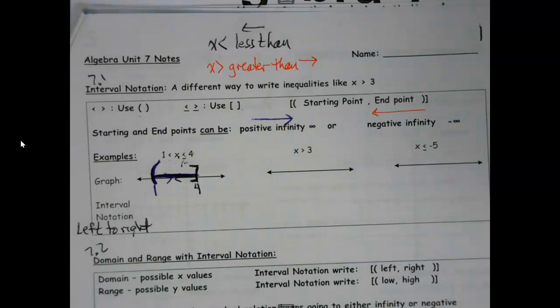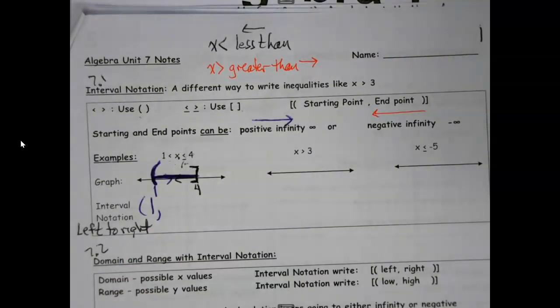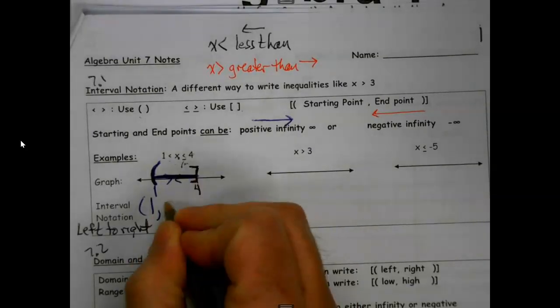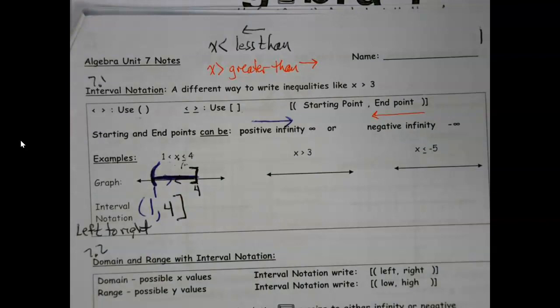It starts at this parenthesis at 1. So I put a parenthesis with 1, put a comma, and I start following it to the right until I run into my next point, which is at 4, and I put the same symbol that's there. That's interval notation. I'm done.